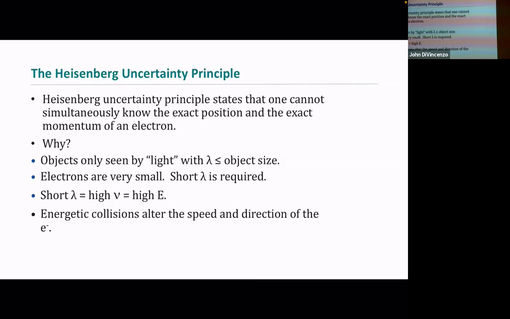Well, the reason Heisenberg's uncertainty principle holds is because electrons are incredibly small and have a very small mass. So as soon as the electromagnetic radiation interacts with them, it affects them. It changes their speed, or I should say their velocity, because velocity has magnitude and direction. Speed is just a magnitude, no direction, if you take physics. So the very interaction of the light with the electron changes it.